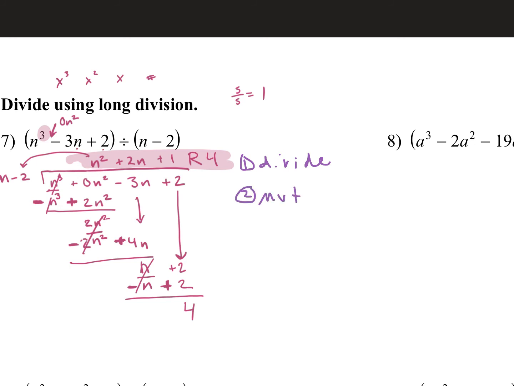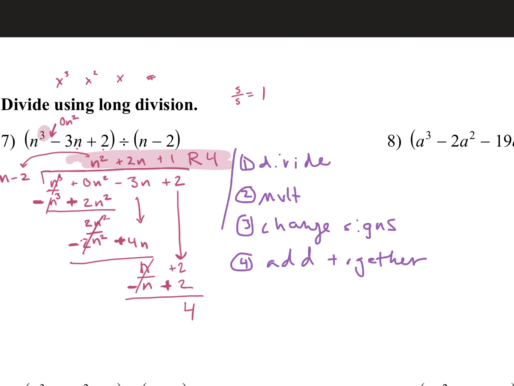You multiply whatever's on top by whatever's out front. Step 3 is you change the signs. And step 4 is to combine or add them together. And then after you do it, you repeat back from step 1. So it's just the same 4 steps over and over.